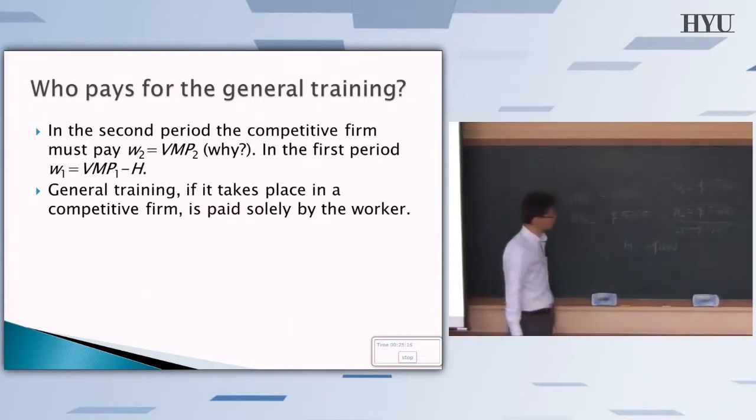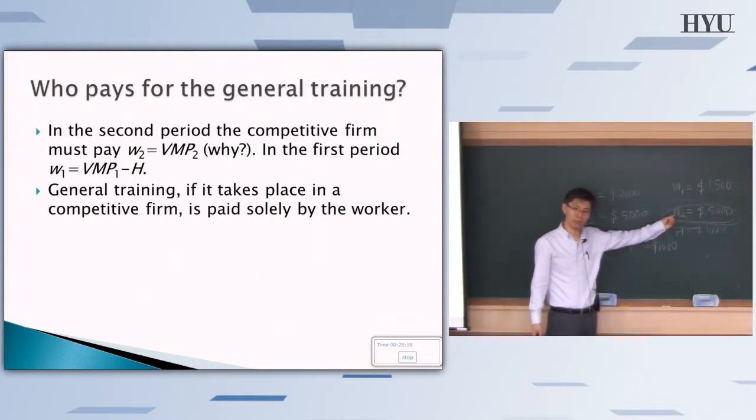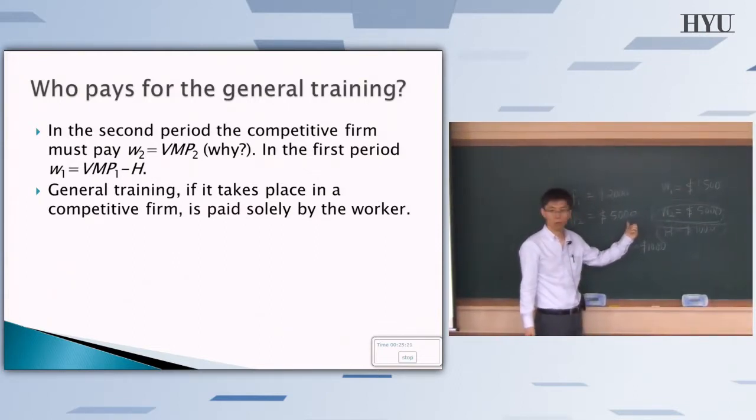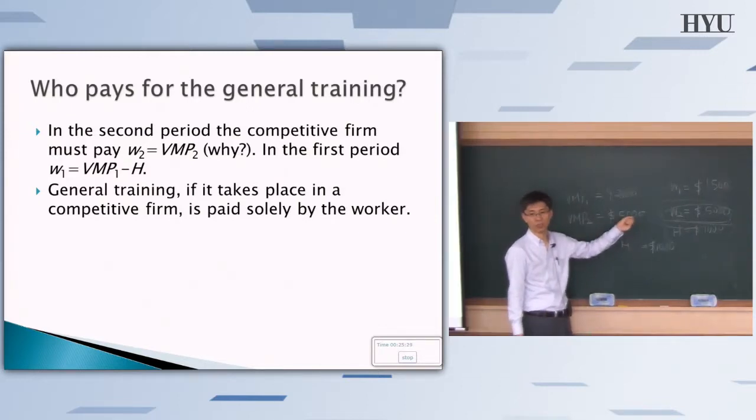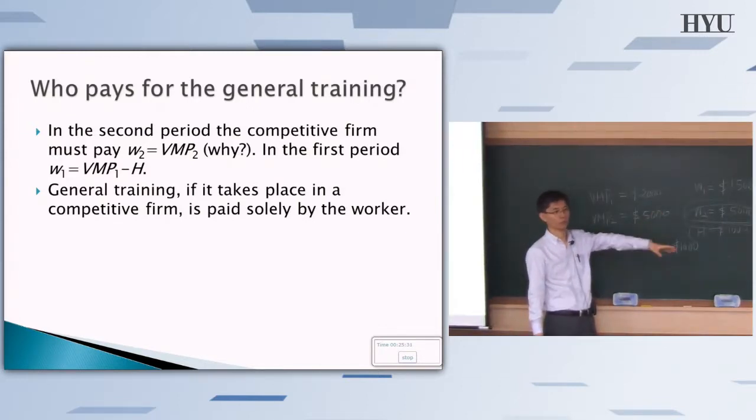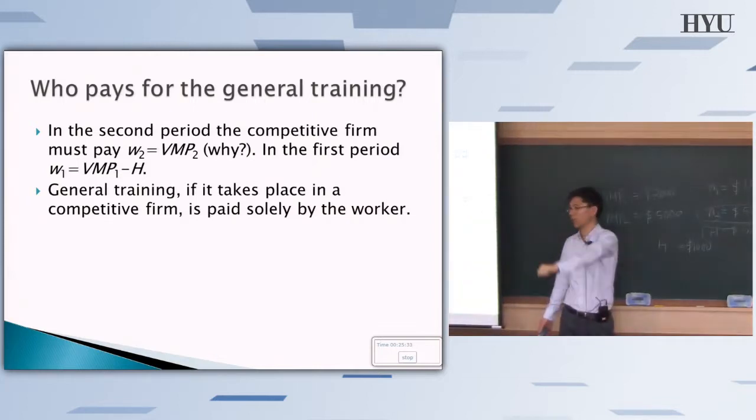But what happens here is that if the firm pays less than $5,000, the worker will just move to another company, because the worker is worth $5,000 after this training, not only to this firm, but also to any other firm.